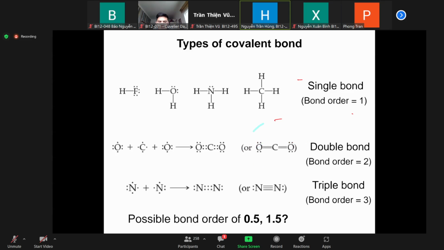Professor, I have a question. Yep, please. In some textbook, I read that CO3, instead of sharing two pairs of electrons like in CO2, shares one pair of electrons and 1/3 of a pair of electrons. Then what would be the bond order of that kind of molecule? Okay, so CO3, right?